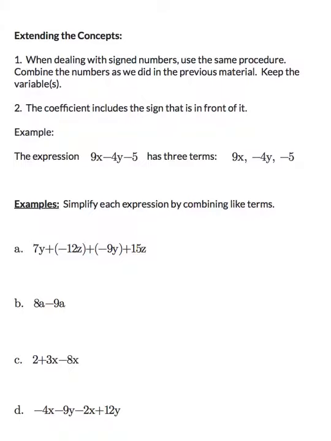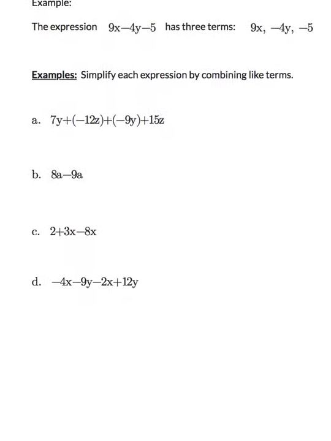One thing to remember is the coefficient includes the sign that is in front of it. So for example, the expression 9x minus 4y minus 5 has three terms in it. It has the 9x, it has negative 4y, and it has a negative 5.